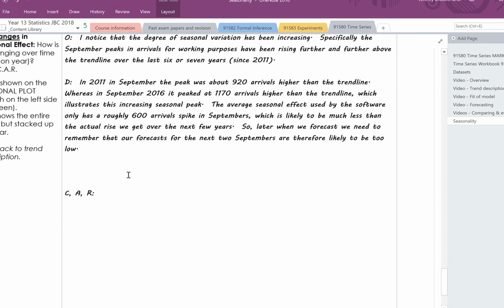Okay, context. So we need to find out why the seasonal fluctuations might be increasing. So the increasing seasonal fluctuations, notably the increasing rises in September, increasing peaks in September, could, well, seem interesting.